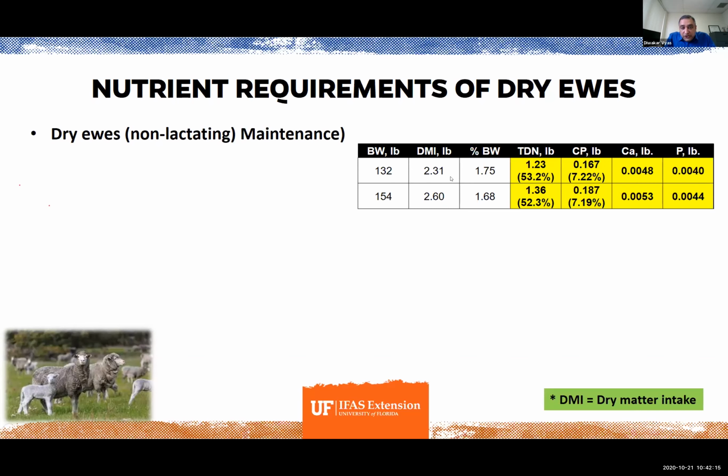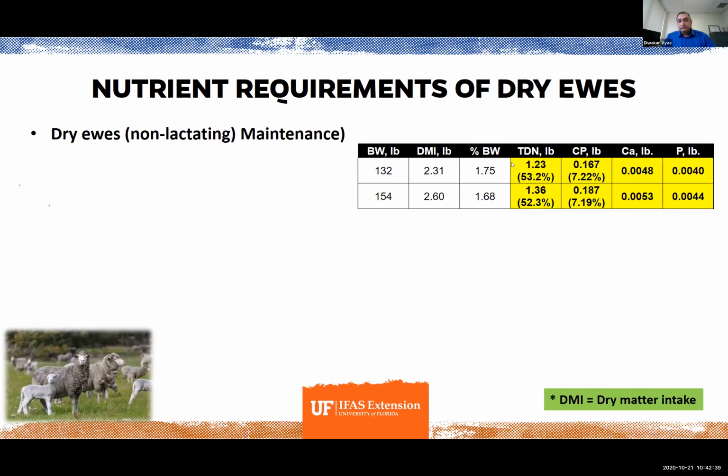Now, the dry matter intake this animal can consume is around 1.75% of the body weight. That means they will be consuming 2.31 pounds of dry matter. The TDN requirement is 1.23 pounds for maintenance, and the crude protein requirement is 0.167.